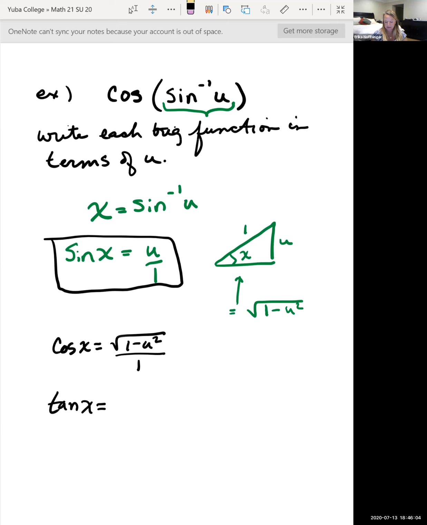So opposite would be U all over the adjacent, square root of 1 minus U squared. My guess is there's no radical there. So let's multiply both the numerator and denominator by square root of 1 minus U squared. And we get U square root 1 minus U squared all over 1 minus U squared.